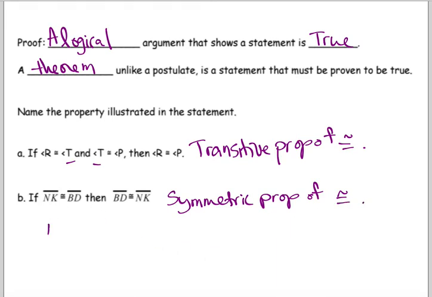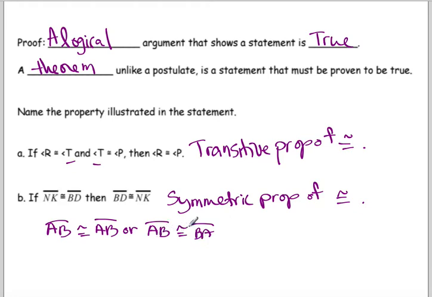To be reflexive, it would have to be something like AB congruent to AB, the exact same name on both sides. You could have it like this. This is the one people think is symmetric, but it is reflexive. AB and BA are the same exact segment.